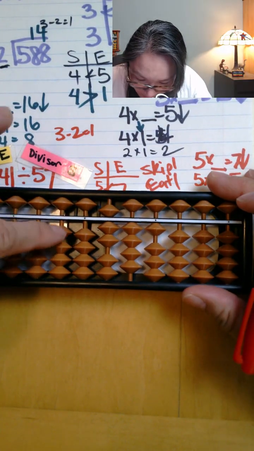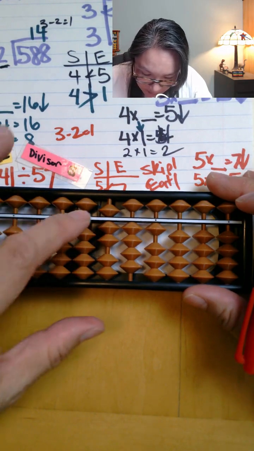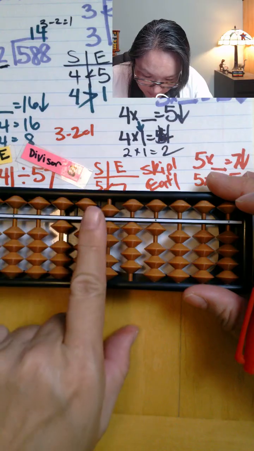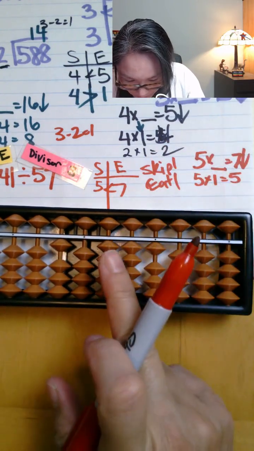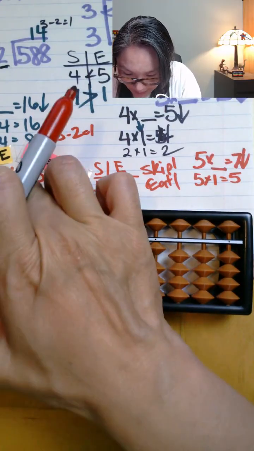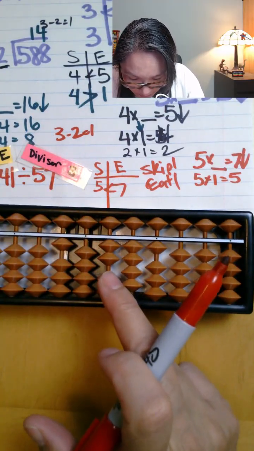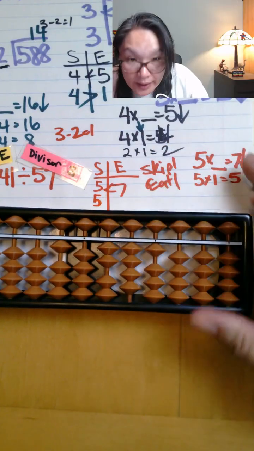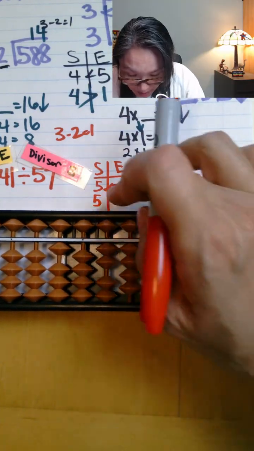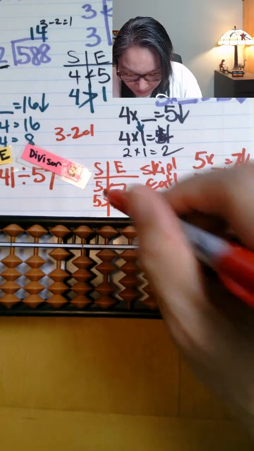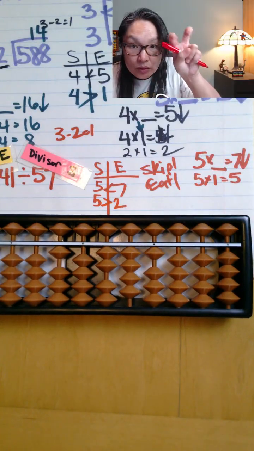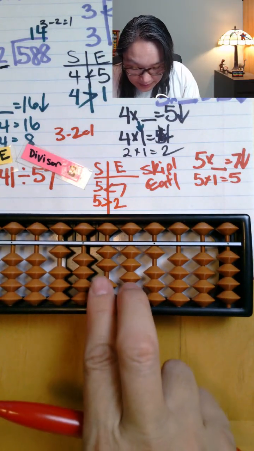So I put my 1 here. Take away 5. So I take away 5 here. I look at this one here. I don't look at this anymore. I go here. 5 is my divisor, and my dividend is 2. My divisor is bigger. So I take 2 digits. I take these 2 digits.